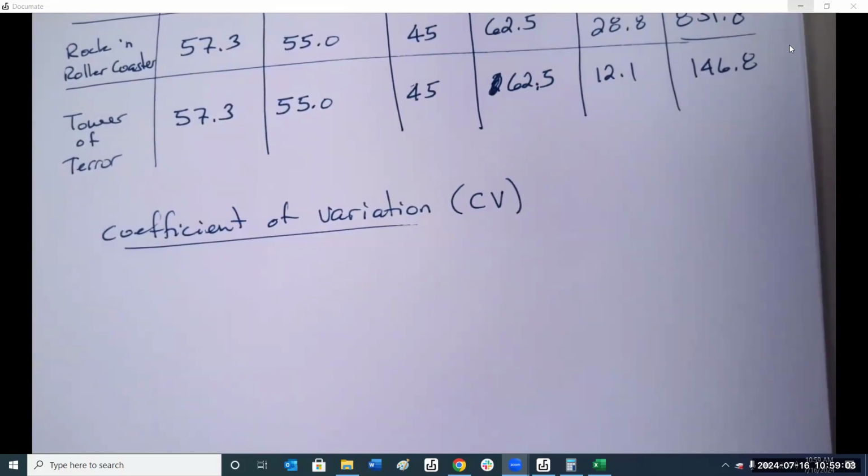What this does is describe your standard deviation relative to the mean and see which one's averaging out better, because whenever you divide anything, you're looking at an average.